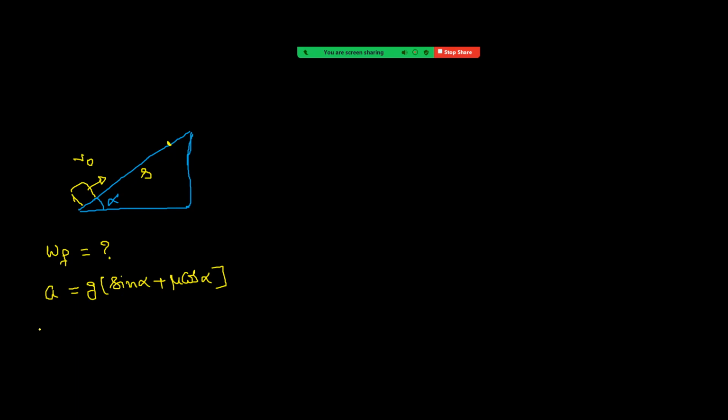Then we can write v square minus u square equal to 2as, with v equal to 0.